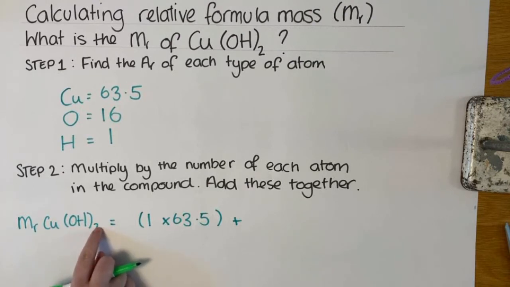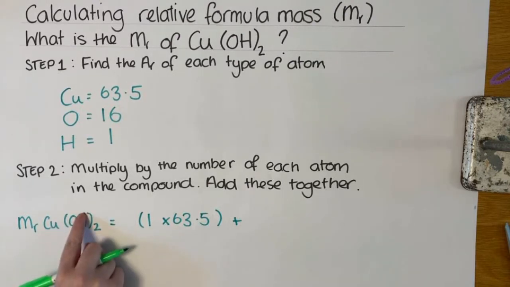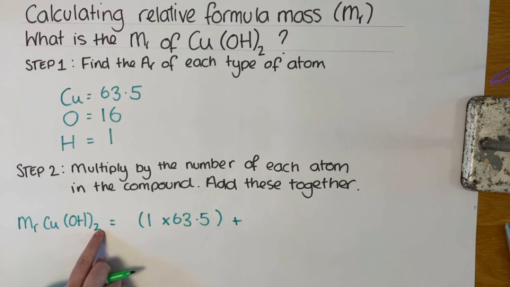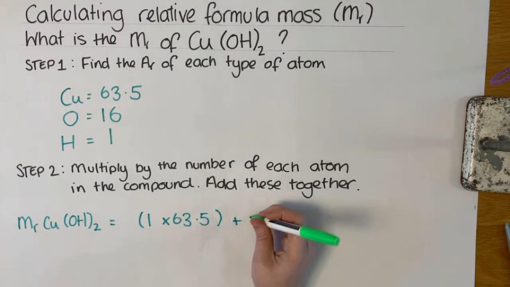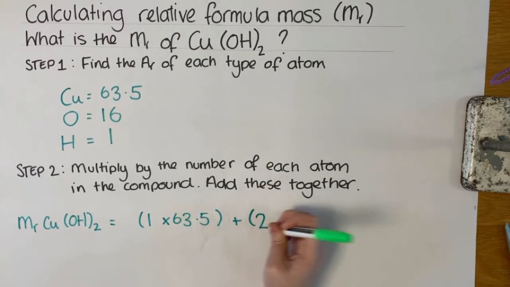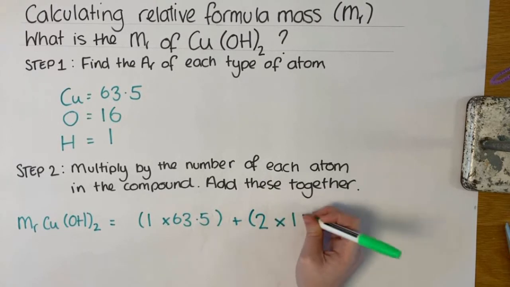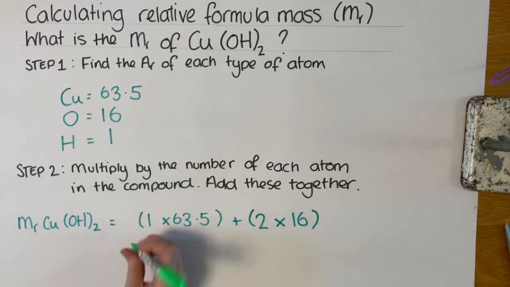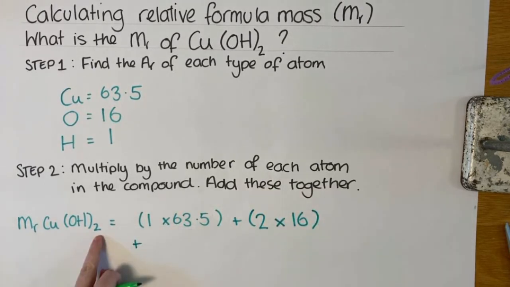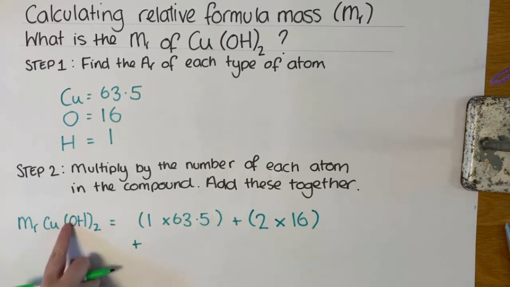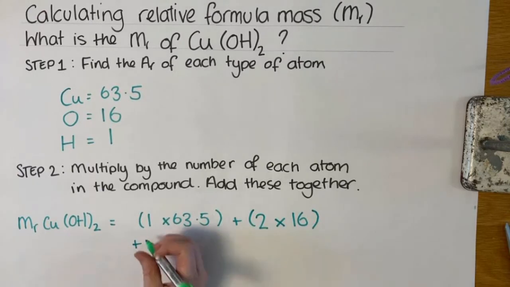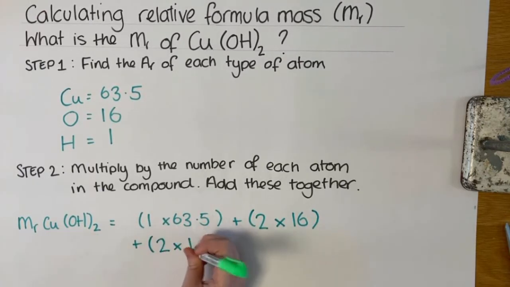That 2 applies to everything in these brackets. So I know that I have 2 atoms of oxygen. So I'm going to do 2 multiplied by 16. And I also know that I have 2 lots of hydrogen, because that 2 applies to everything inside the brackets. So I'm going to add that to 2 multiplied by 1.